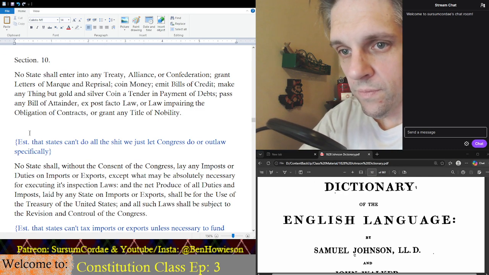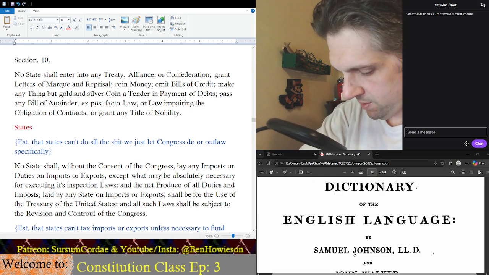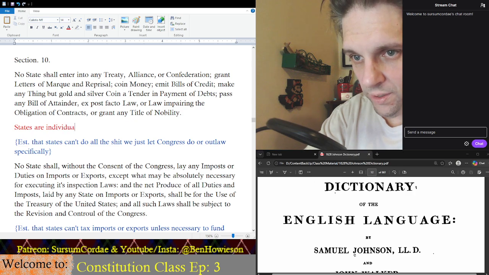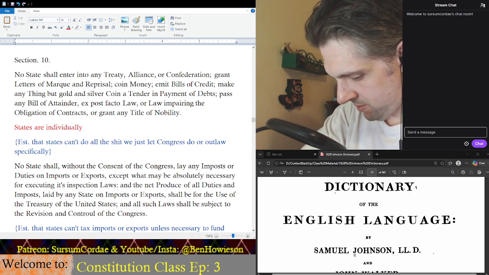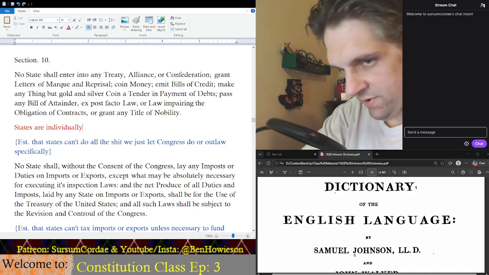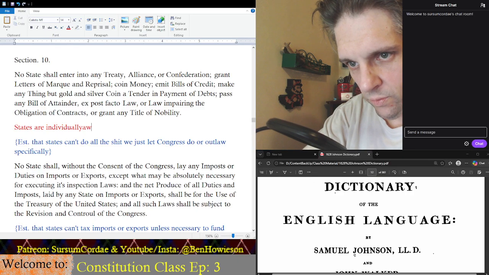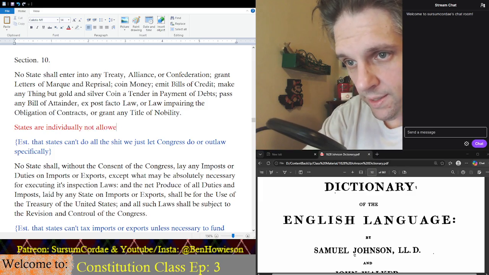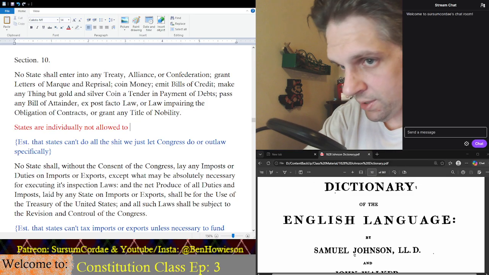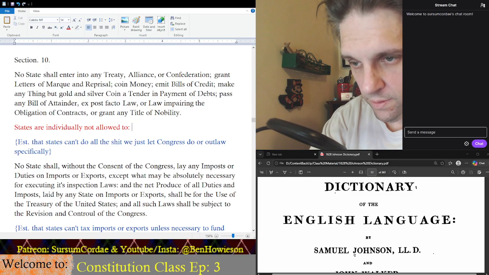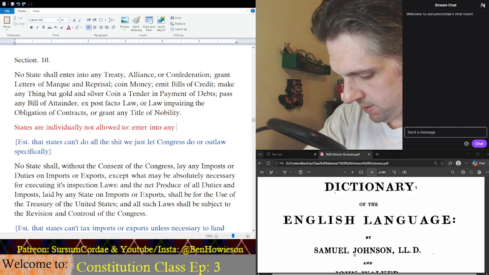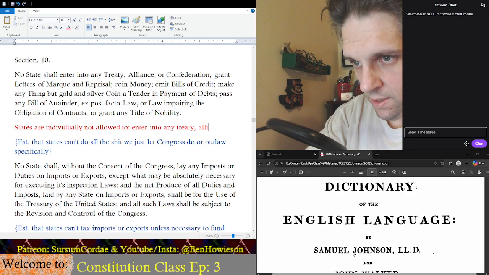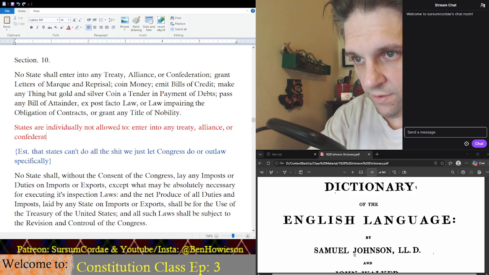So, states are individually not allowed to enter into any treaty, alliance, confederation.